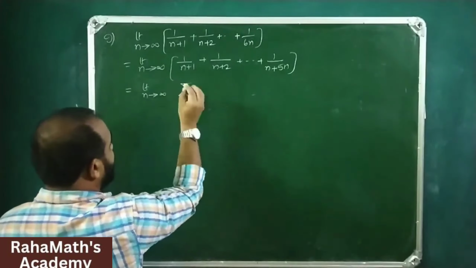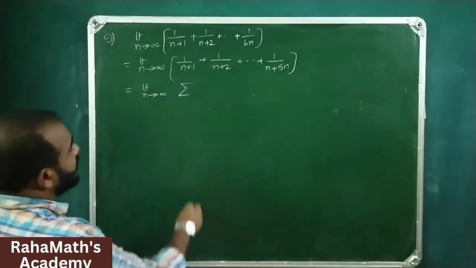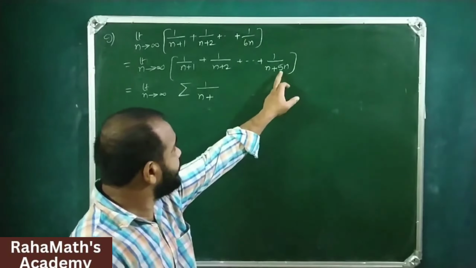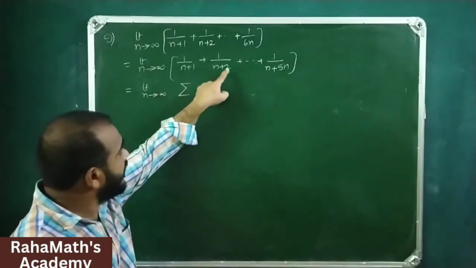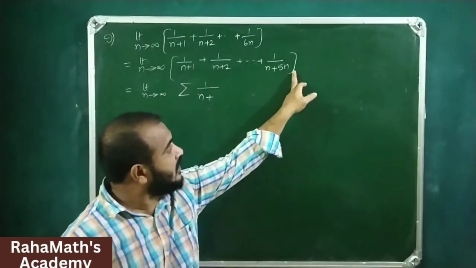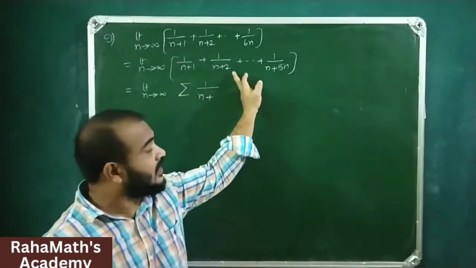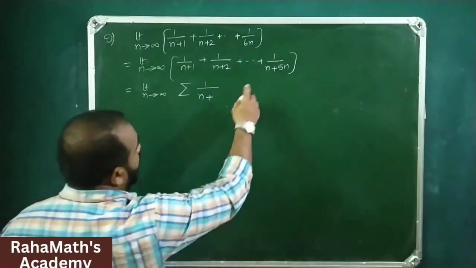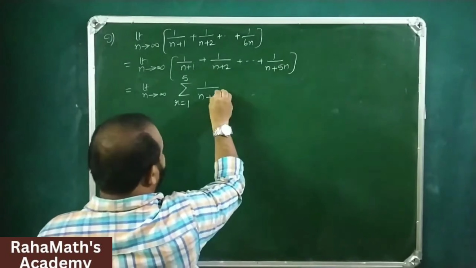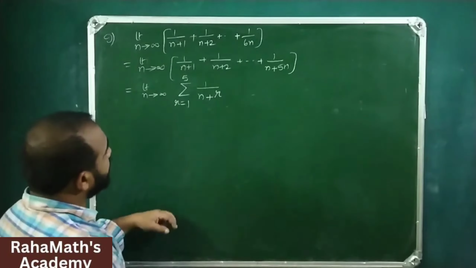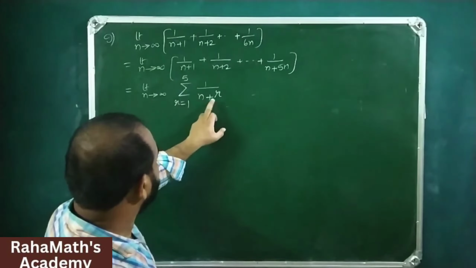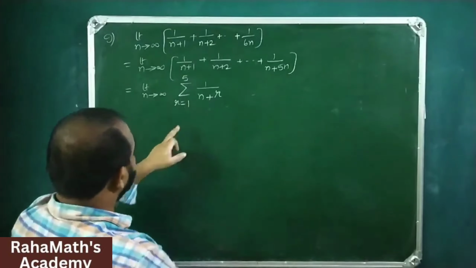I can replace it with a sigma notation. So this is 1 by n plus. In every term n is there, but here 1, 2, etc. up to 5n. So this term is getting varied, so I will write it as n plus r. So here n I replaced, plus r runs from 1 to 5n.